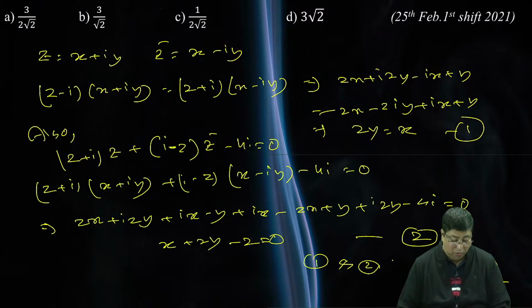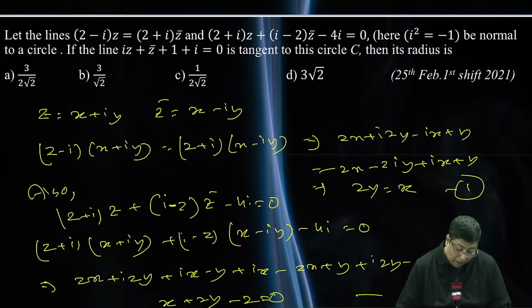Once again, let us get the tangent. So the equation of the tangent is iz plus z bar plus 1 plus i. This question came in 2021 February.